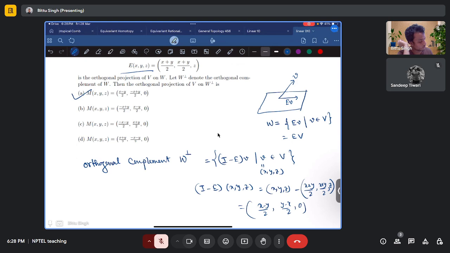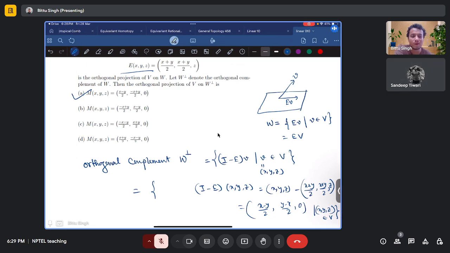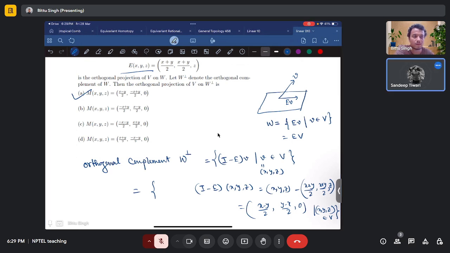So W perp will be given by those kinds of vectors, for all xyz belonging to the space. The orthogonal projection of V on W perp is simply W perp.